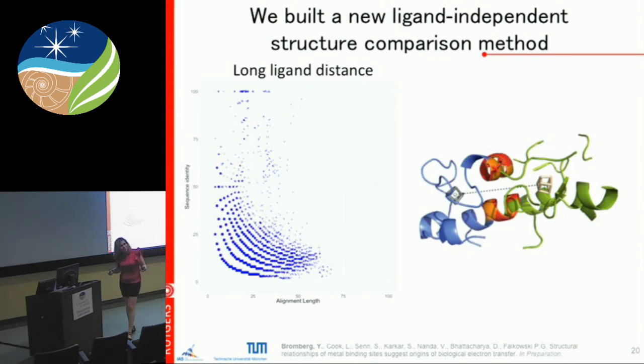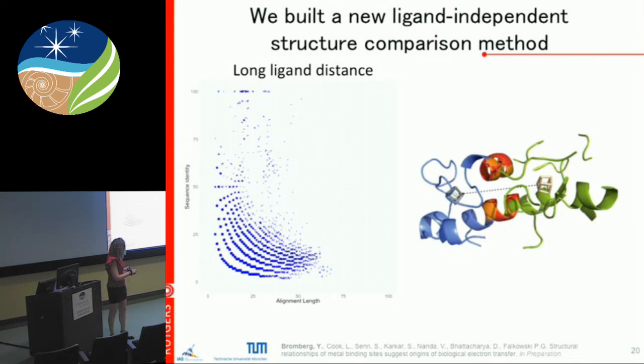And how do I know if something is of the same functionality or not? Well, ligand distance. Remember that 2 angstrom cutoff? If it was above 2 angstroms, it's different functionality, right? So if I overlap two structures and it's above 2 angstroms, it's different functionality. And I can map onto this graph the alignments of structures. Each point represents an alignment of two structures with their alignment length and sequence identity, okay?